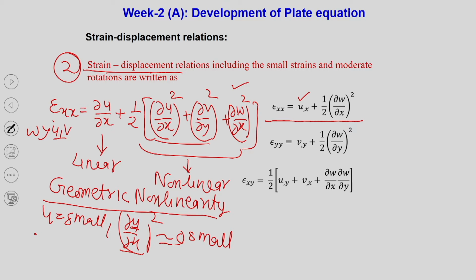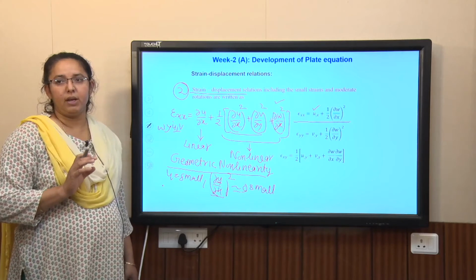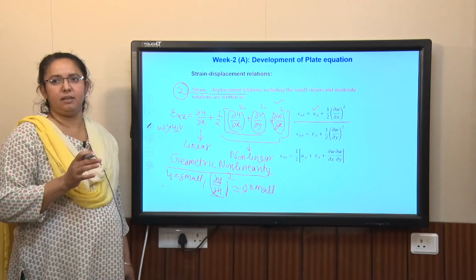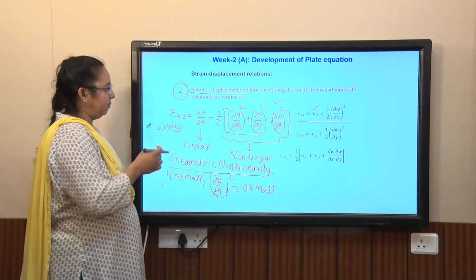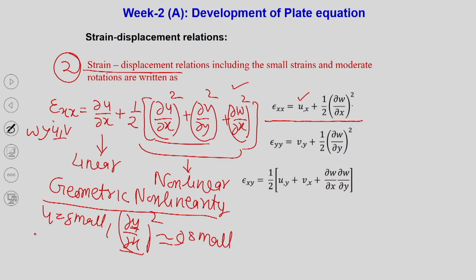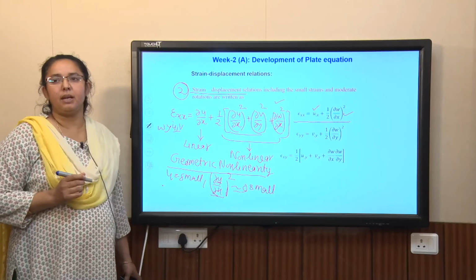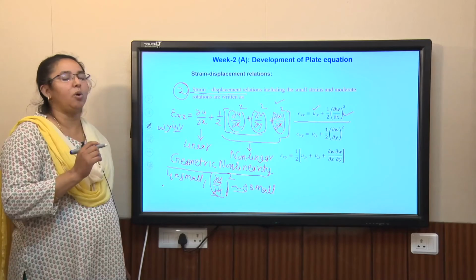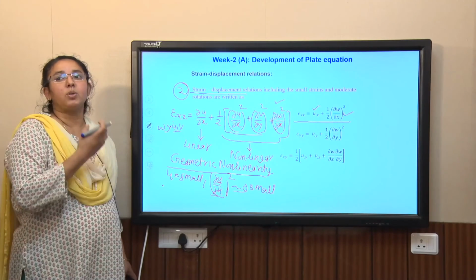And another thing, the rotations: we say moderate rotation, where we assume there is a slight rotation, and that is why this term has been considered. If you see in the basic relation, we also have w comma x, which belongs to a rotation.